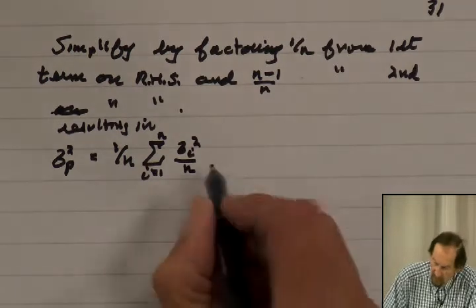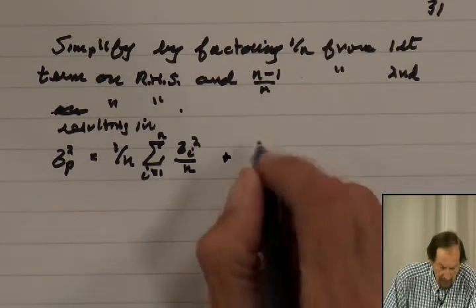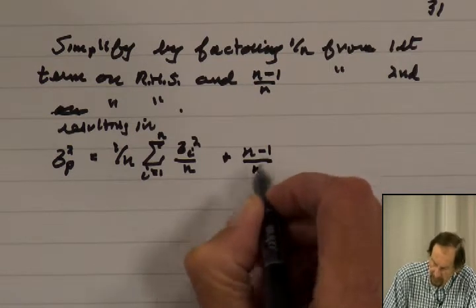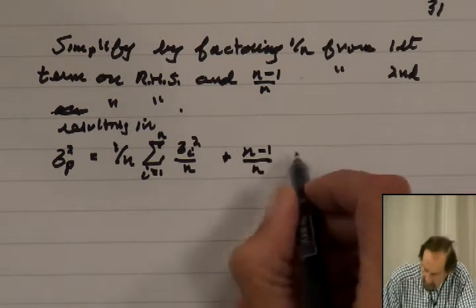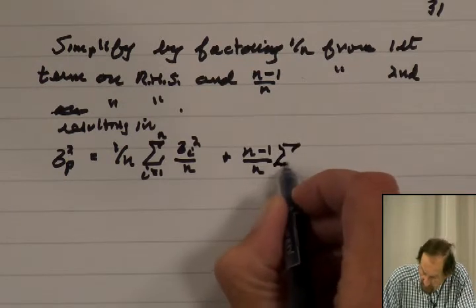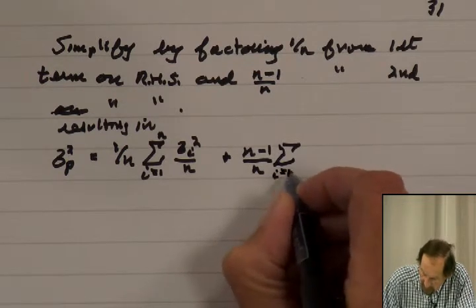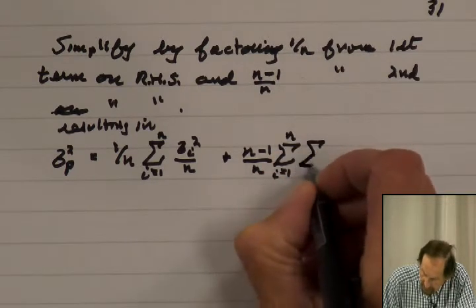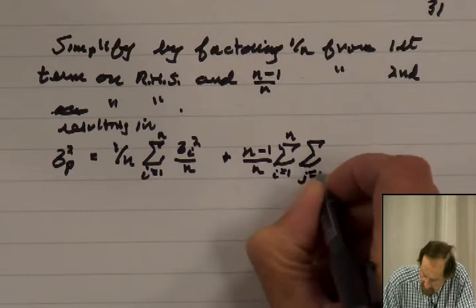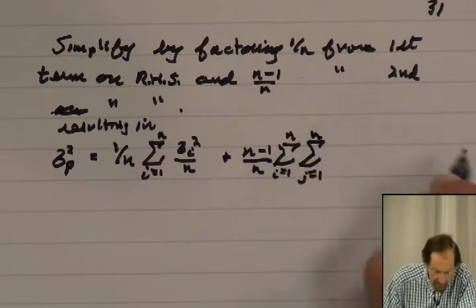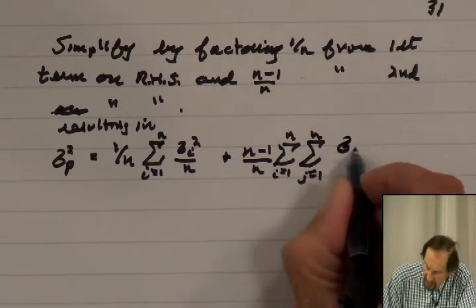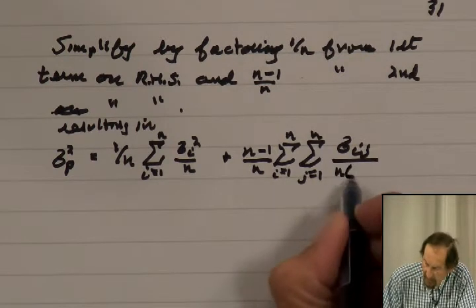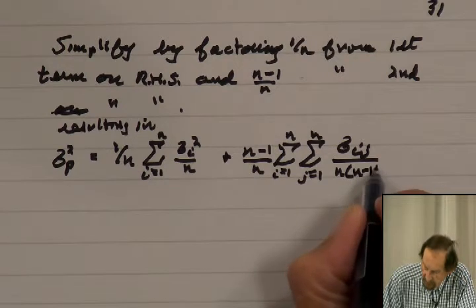Plus n minus 1 over n times the double summation i equals 1 to n, j equals 1 to n, of sigma ij over n times n minus 1.